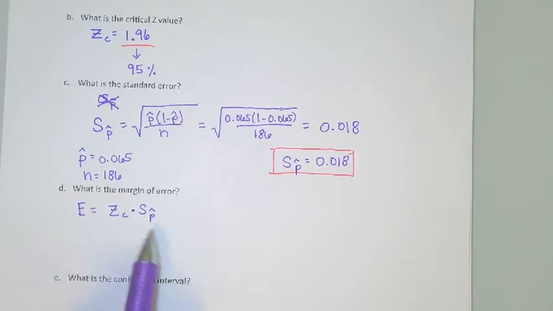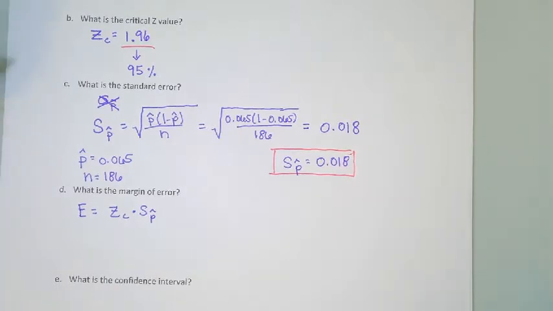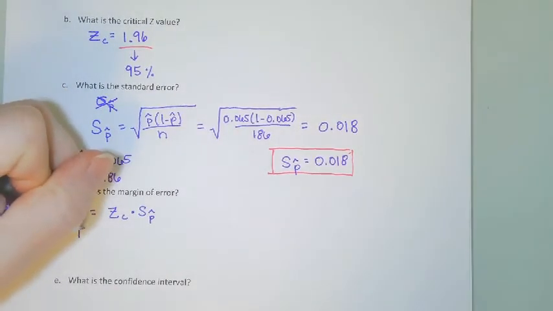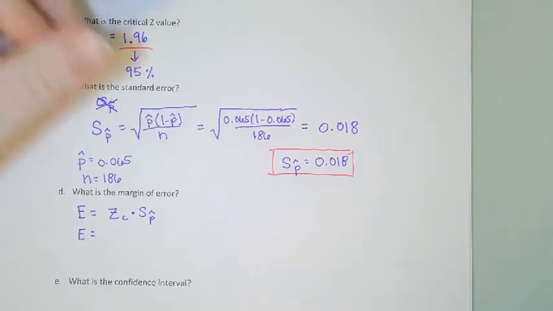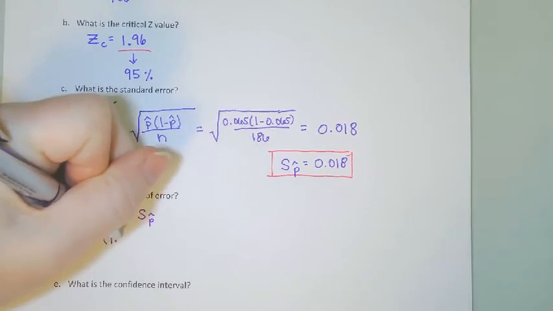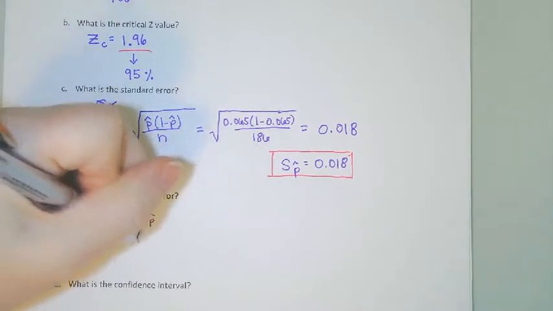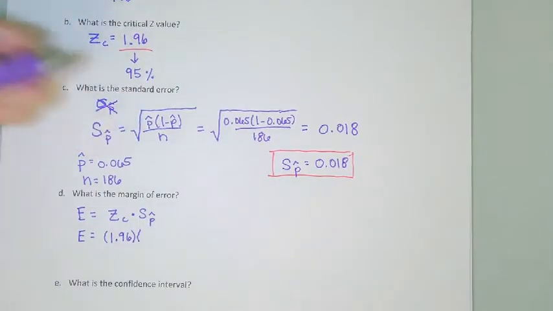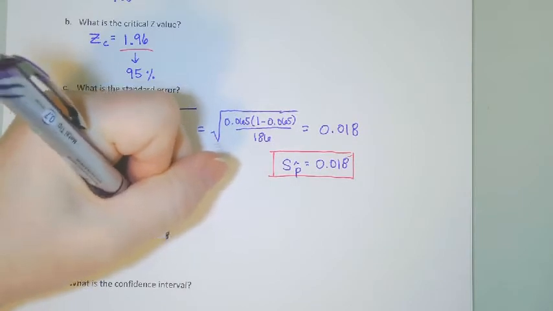So these two values we've already determined in parts B and C. Our critical Z value was 1.96 because we're using a 95% confidence interval. And the standard error, which we just calculated, 0.018.